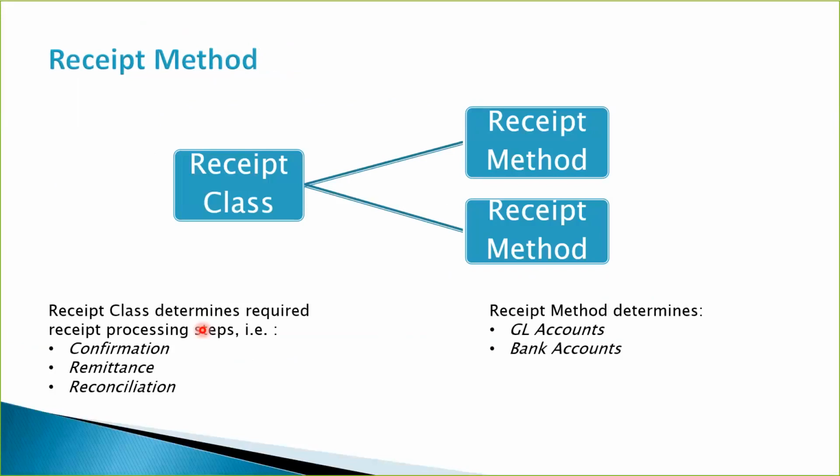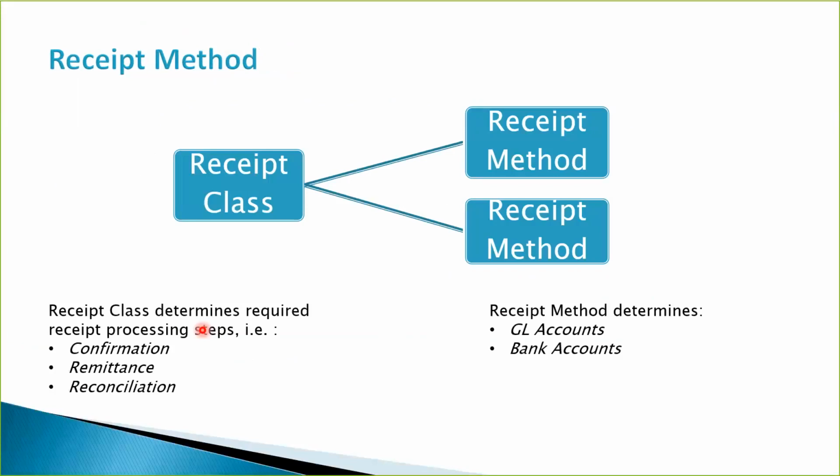So it determines whether receipts will undergo confirmation. It determines the remittance method, if you're going to be using the remittance process. And it also determines how or whether you are going to clear or reconcile those receipts, okay?